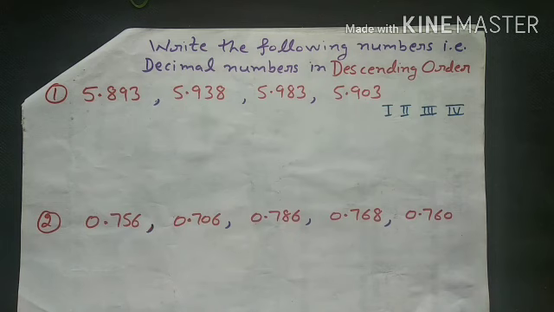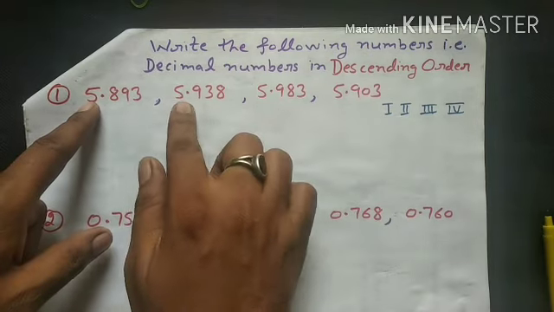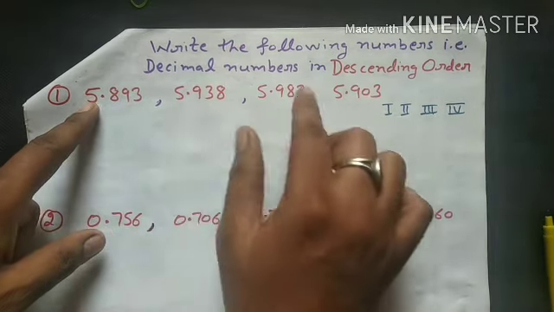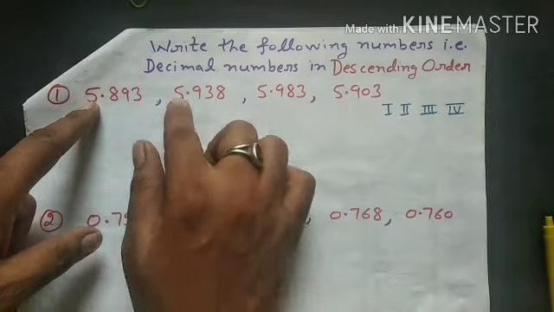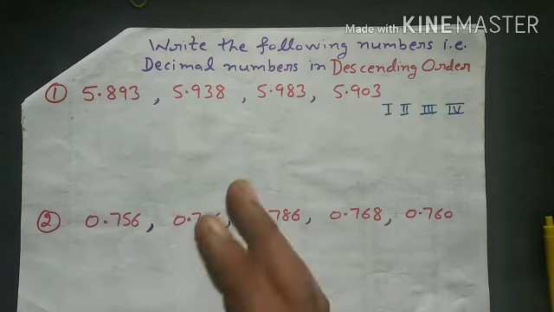So first of all, in order to compare, we will compare the whole part. Here you can see in the whole part 5, 5, 5 and again 5. Now 5 is in the whole part of every number, so the actual comparison will depend upon the decimal part. So now we will come to the decimal part.